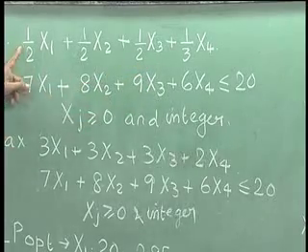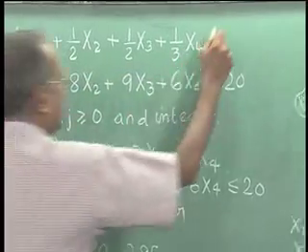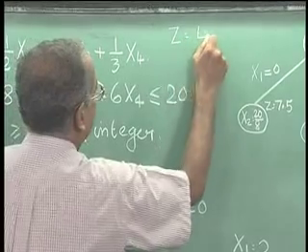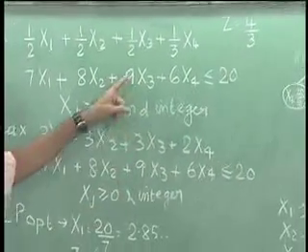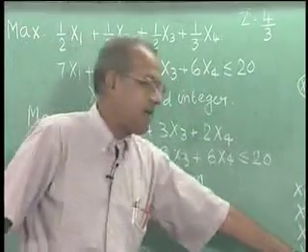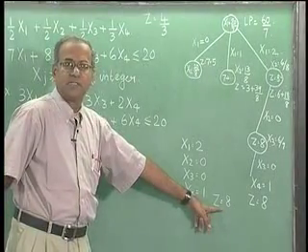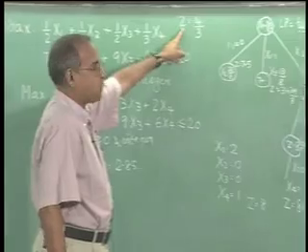So, this would give us 1 and 1 by 3, or z is equal to 4 by 3. Since we also multiplied this by 6, we have to divide by 6, and 8 by 6 would give us the same value of 4 by 3.